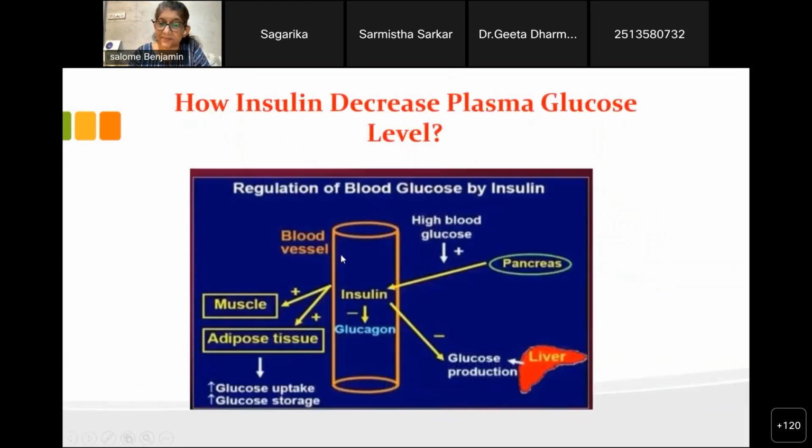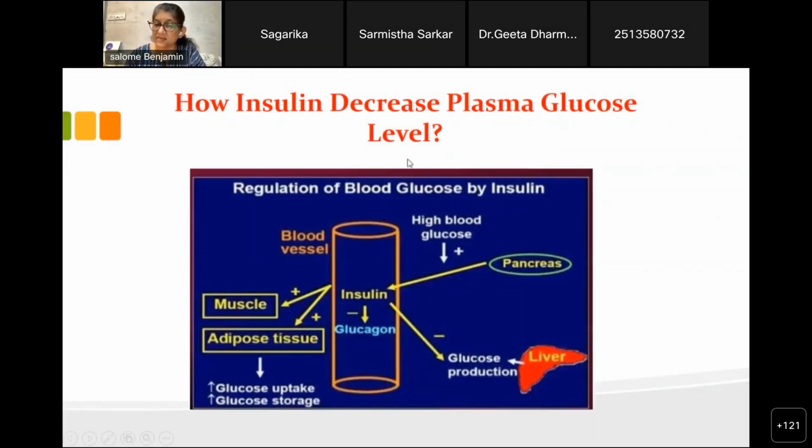Next slide. Yes. So this is the regulation of blood glucose by insulin. This is how we have glucose production from the liver, and whatever we eat gets digested and we have glucose.